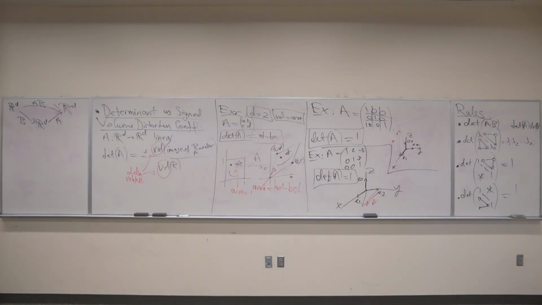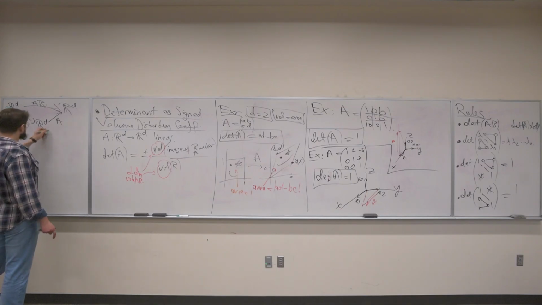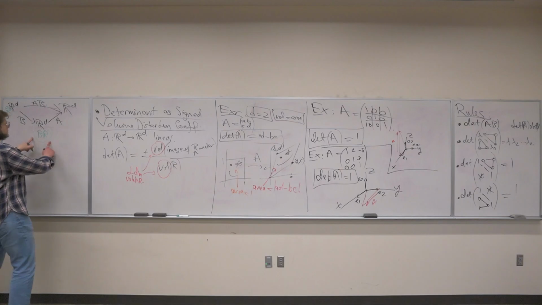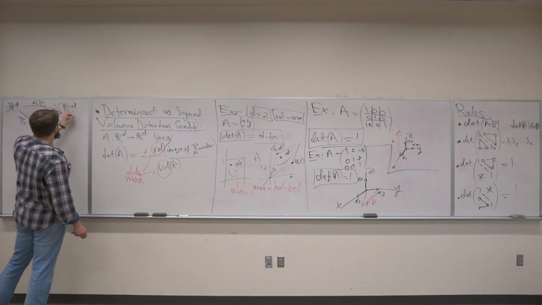Say I have a shape or region, R, a shape here. I can push it here using B. Now I have BR, that's a region here, and push it here to get ABR.